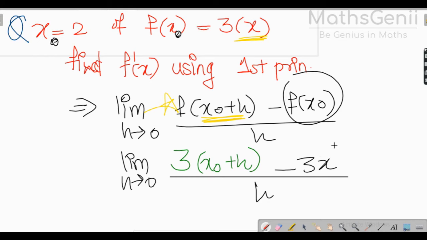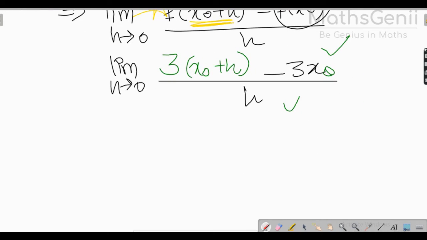So you understood this, and this is given in the question or remains as it is. The only place where students get confused is replacing this bracket. That's so simple. Now another thing is replacing the x naught value. So what is the x naught value given? 2. So wherever you have x naught, substitute 2. So let's just quickly do that.